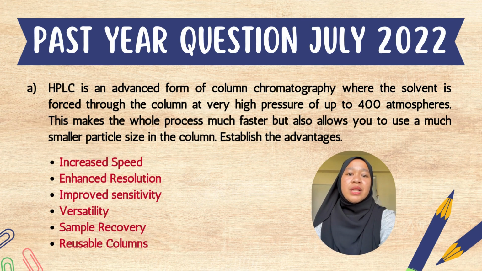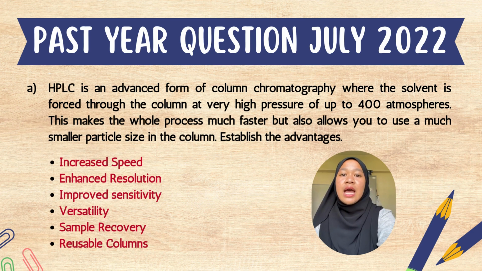Fifth, sample recovery. HPLC systems can be integrated with fraction collectors, allowing for the collection and recovery of separated sample components. This feature is useful for further analysis or downstream processing of specific compounds. The last one is reusable columns. HPLC columns can be used for multiple analyses, providing cost savings and convenience.